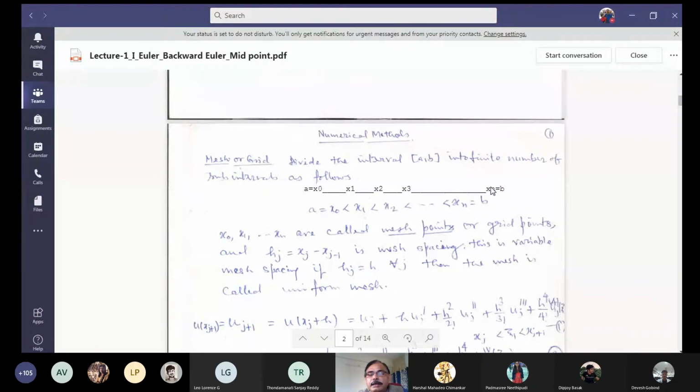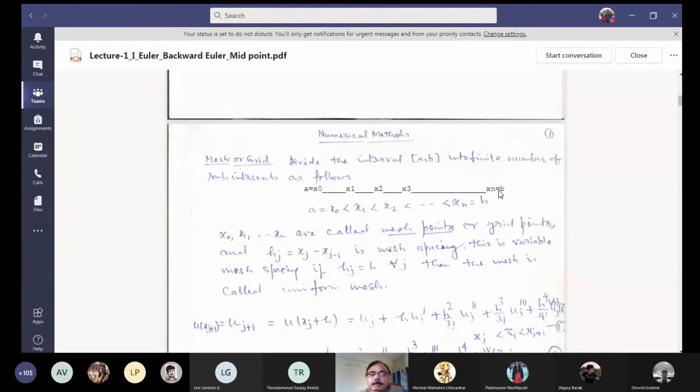Here on your screen, the interval is given from a to b, where a is taken as x naught. I have divided this interval a to b into certain subdivisions. The points are x naught, x1, x2, x3, and so on. The last point is xn, which is equal to b.